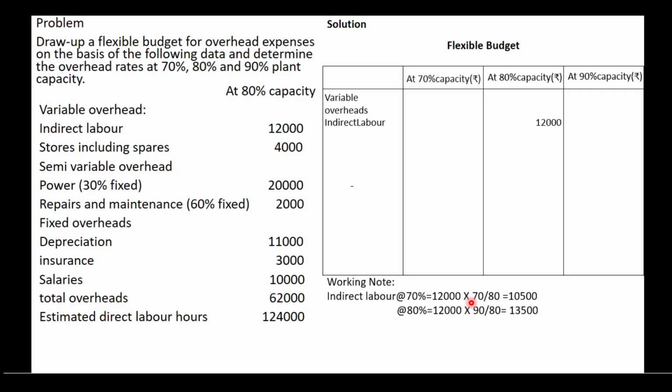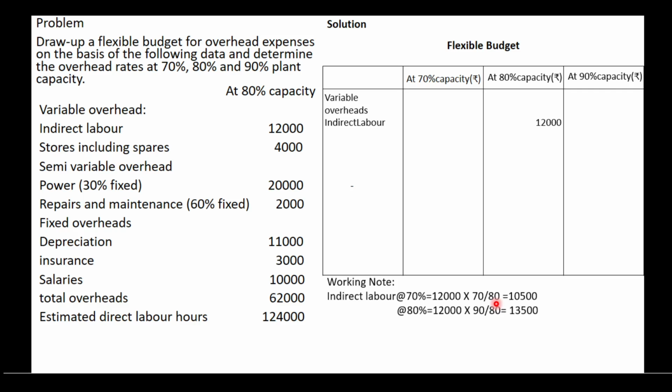So 12,000 into 70 divided by 100. So now the amount of the 70% capacity, that is 10,500. So similarly we are calculating for the 90%. Sorry, it is not 80, it is 90%. So for the 90%, it is also calculated as the 12,000 rupees.